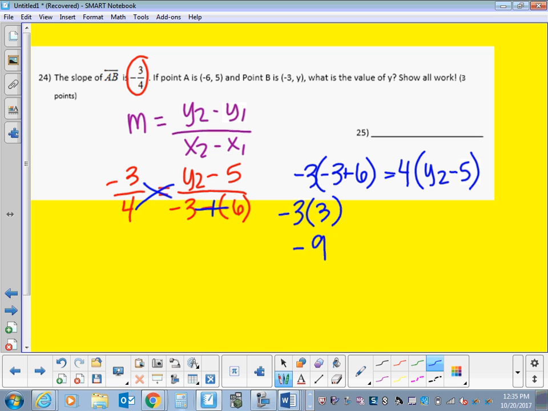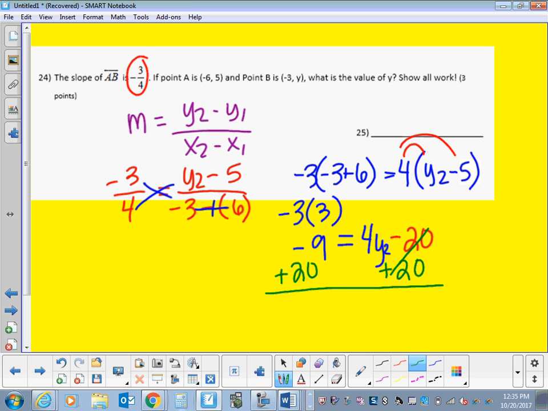So we have -9 is equal to, what's 4 times y2? Just basically 4y2. And then what's 4 times -5? -20. All I'm doing is distributing. I want to get y2 by itself, right? How do I do that? Plus 20 to each side.